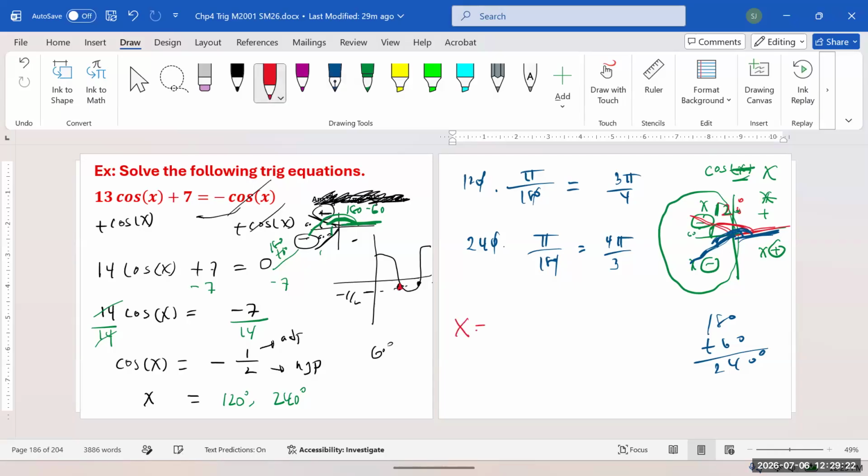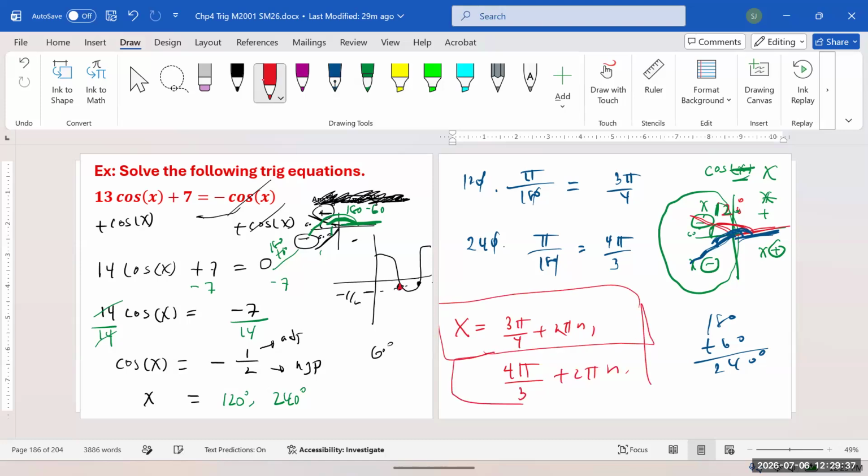So x equals 3 pi over 4 plus 2 pi n and 4 pi over 3 plus 2 pi n. That means it doesn't matter how many cycles you take, you definitely have 3 pi over 4 plus extra more.